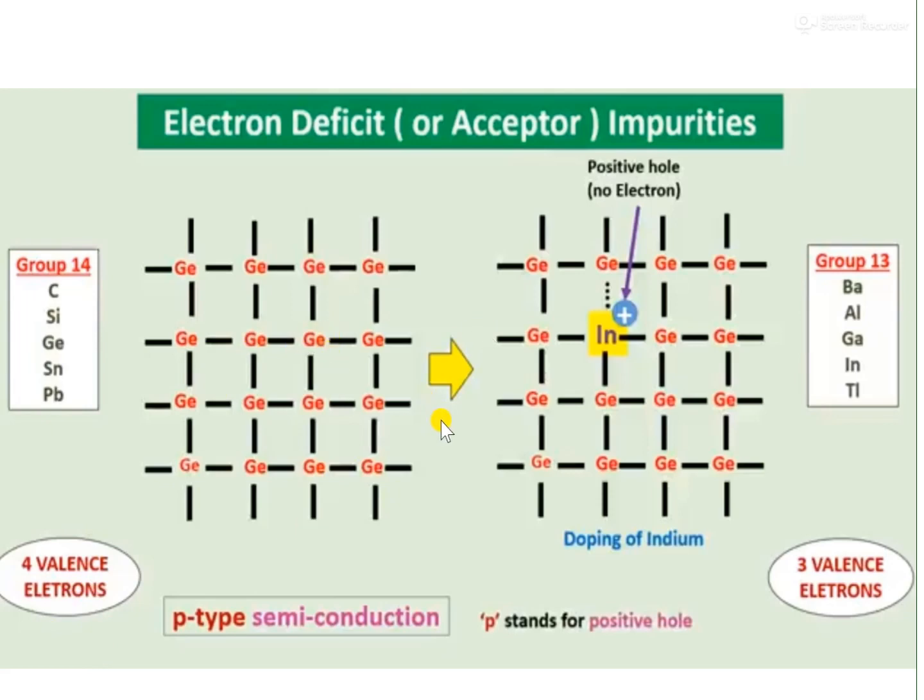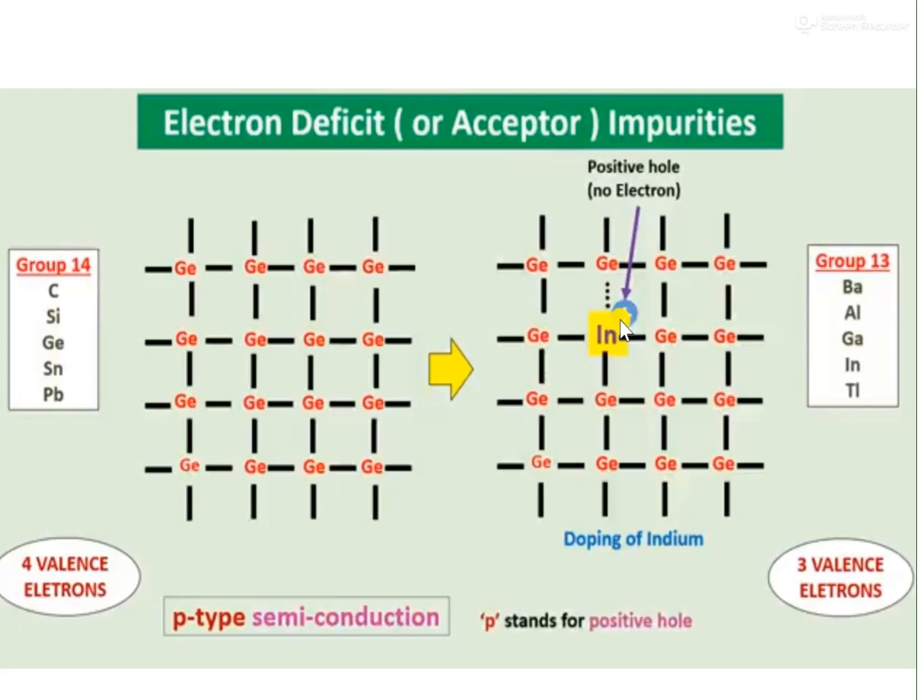In this we have added an electron-deficit species. The group that has 1 electron less than group 14 is group 13, and it has 3 valence electrons. So here we have taken indium and we add it into this germanium semiconductor.